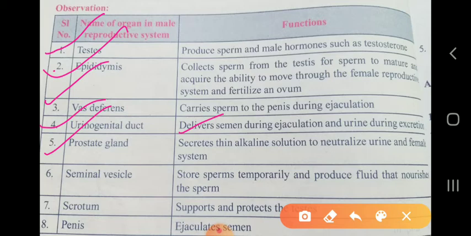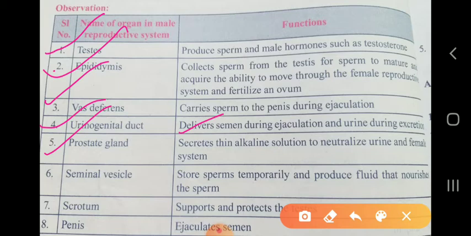Then the fifth one is the prostate gland. It secretes a thin alkaline solution. Why? To neutralize the urine in the female system. It secretes the alkaline solution.